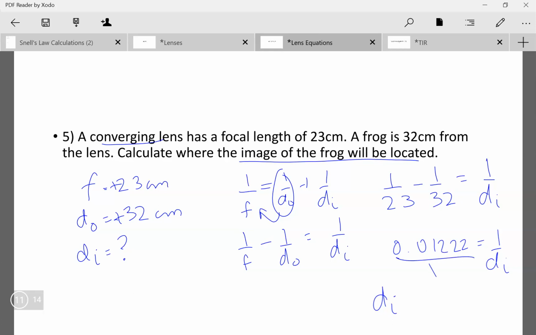I just flip this, so it's 1 over 0.01222, which is 81.7 centimeters. And should this be positive? Yes, it is a real image that is formed, and therefore positive distance of image. Right, so that was correct as well.